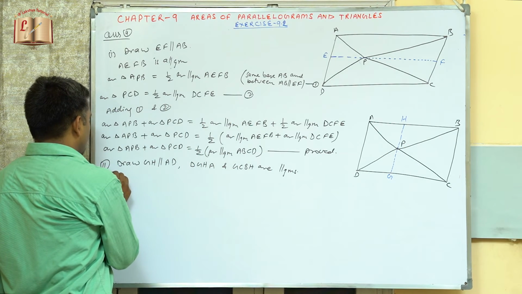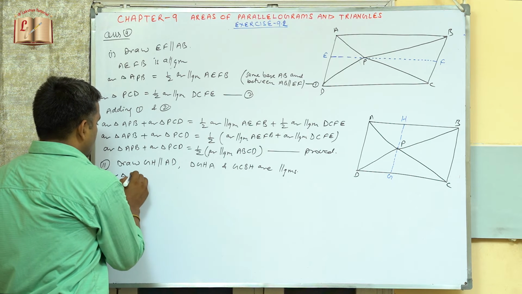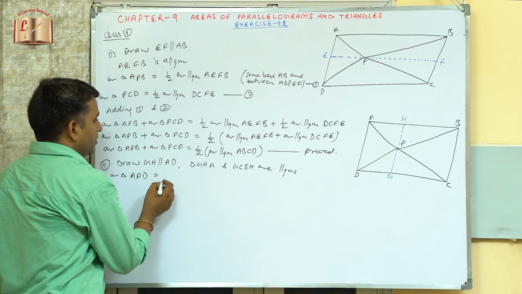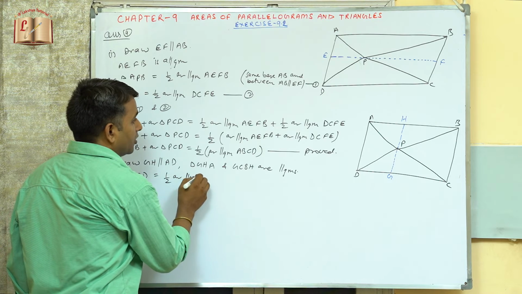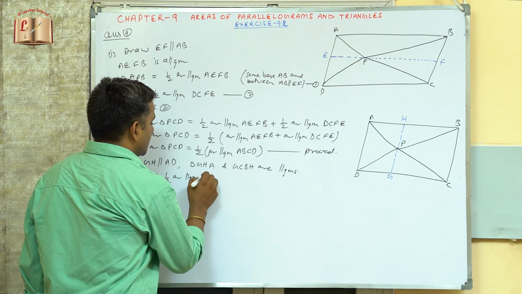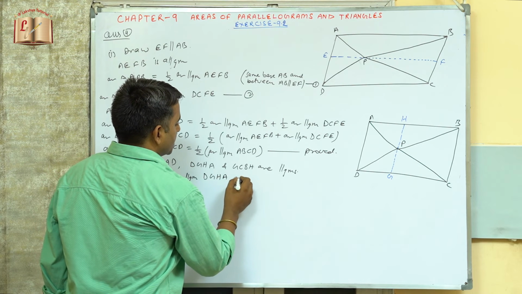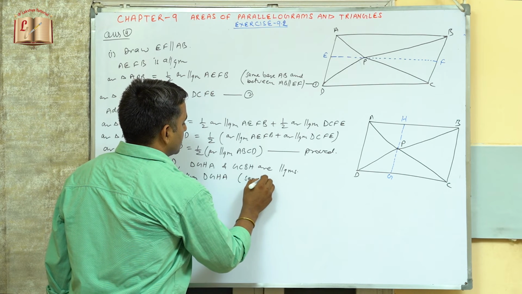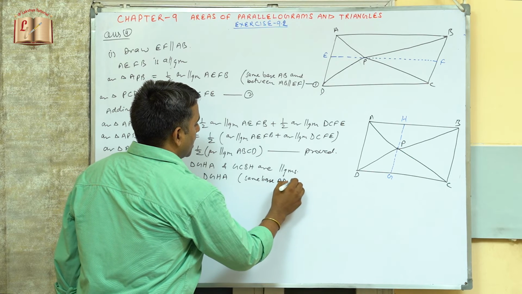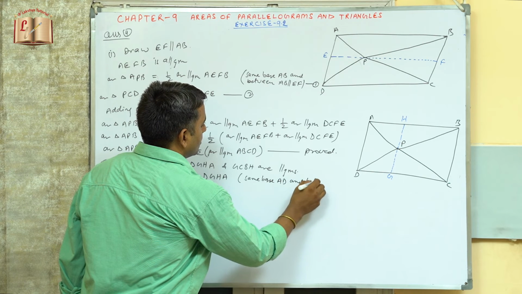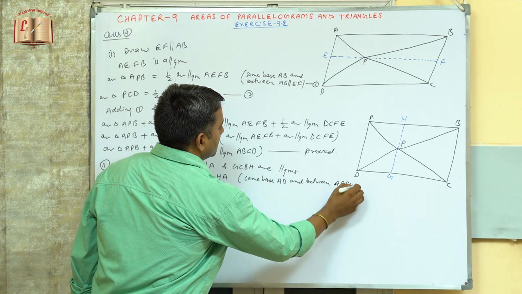So area of triangle APD will be equal to half of area of parallelogram DGHA, because they are on the same base AD and between AD parallel to GH.